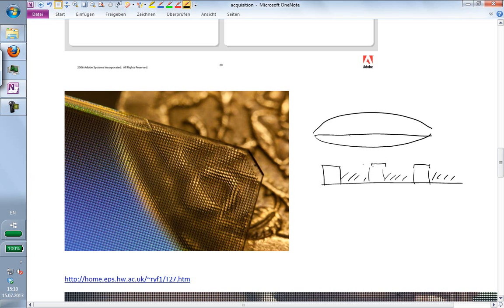The more photo elements your lens covers, the better your angular resolution, and hence the better your depth discrimination capabilities. However, you also reduce your spatial resolution unless you do super resolution computationally.